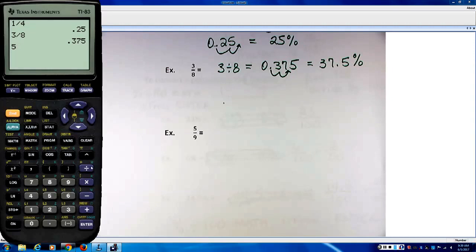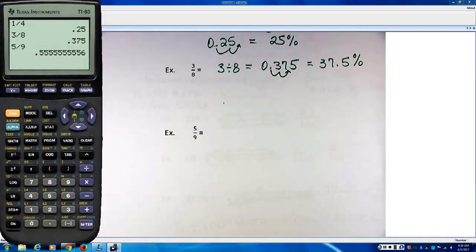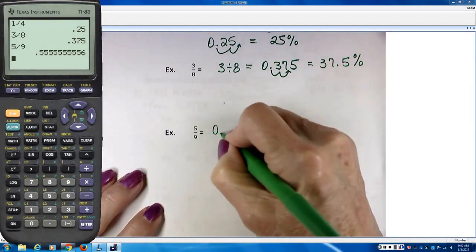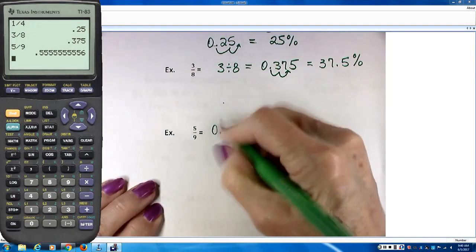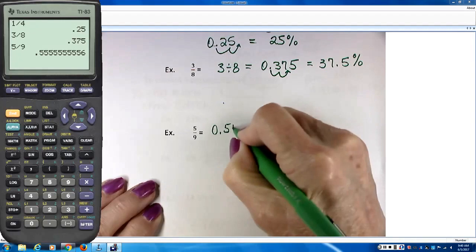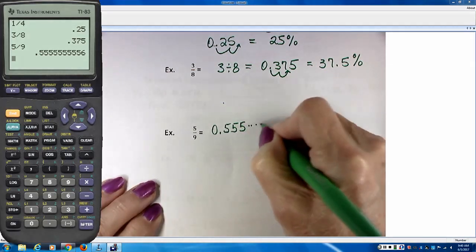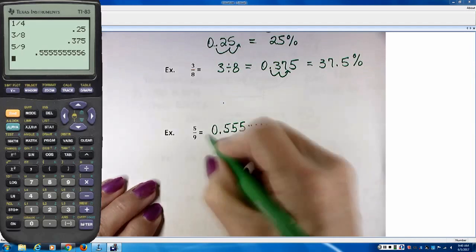Now our next one is 5 divided by 9. Hit enter, and now we have a problem, because it's a repeating decimal, okay? It's called a repeating decimal. And those 5s go on, so you can write it that way.